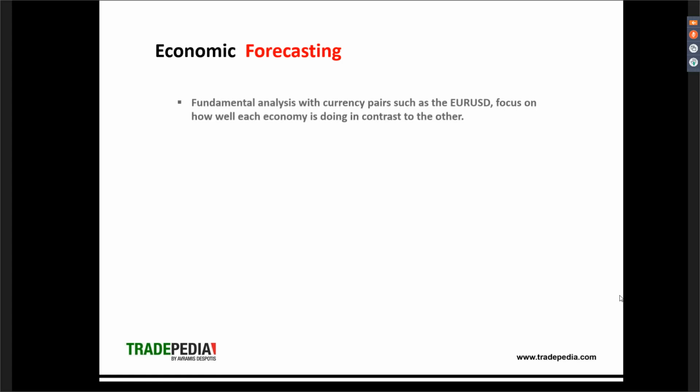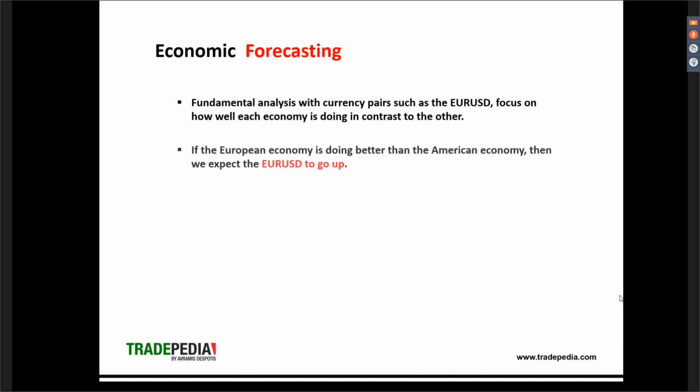Now, fundamental analysis with pairs such as Euro-USD focus on how well each economy is doing in contrast to the other. So, for example, in the case of the Euro-USD, if the European economy is doing better than the American, we would expect the price of the Euro-USD to go up.